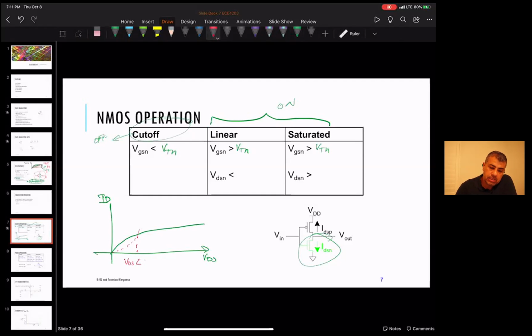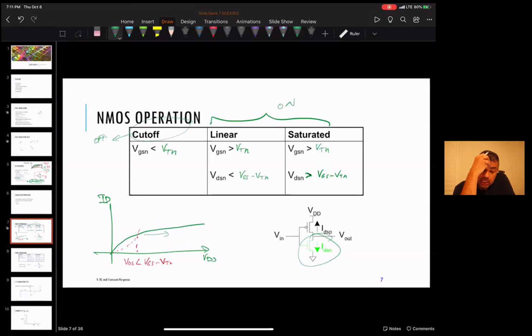So that's what that is. And it's in saturation when VDS is greater than VGS minus VTN. Okay, so we know all that just for the NMOS transistor now.